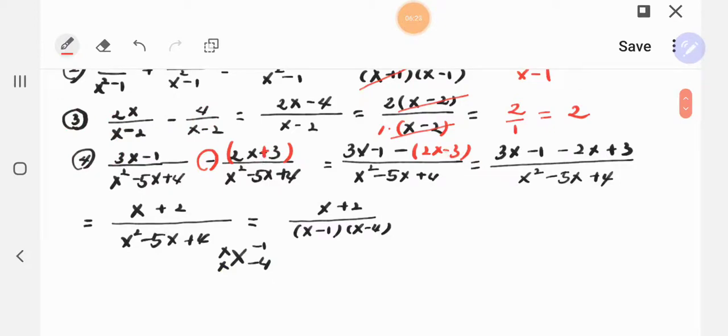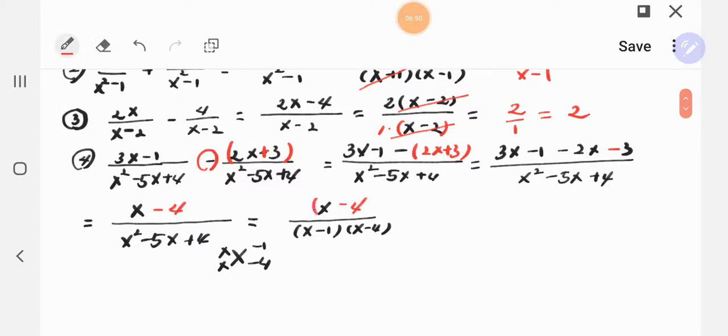Then let's see what happens. This will be minus 3, because you multiply positive 3 by a negative, that is minus 3. Then negative 1 minus 3 is negative 4. So this is negative 4.